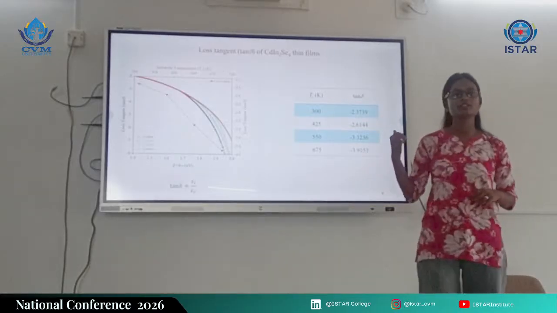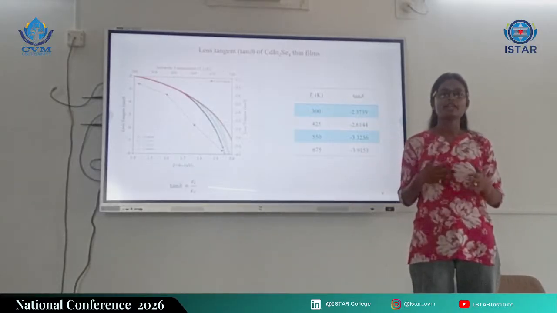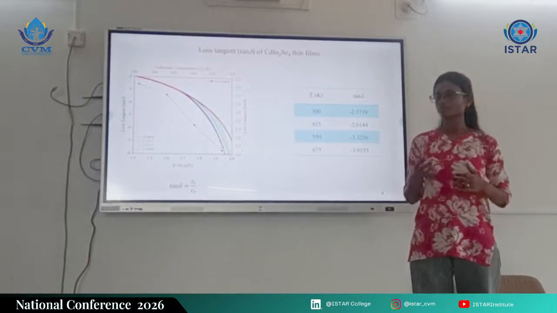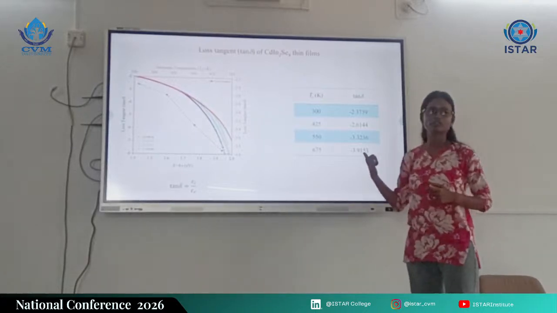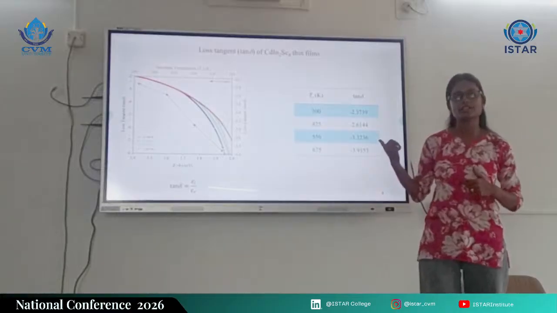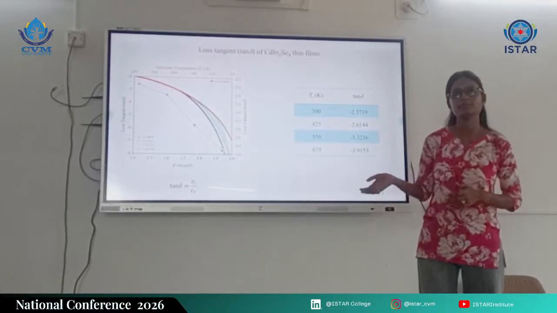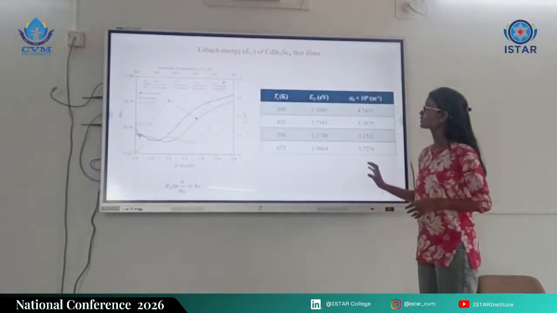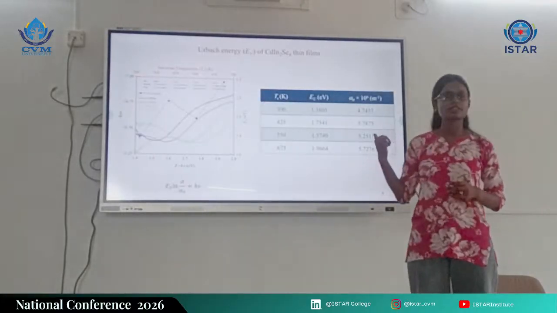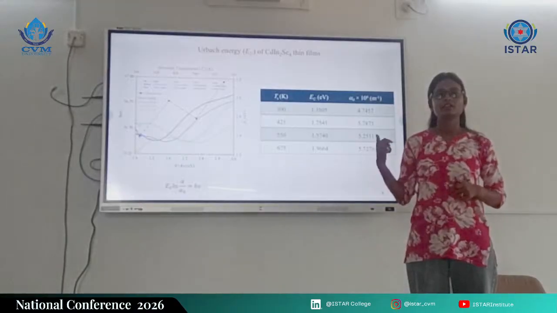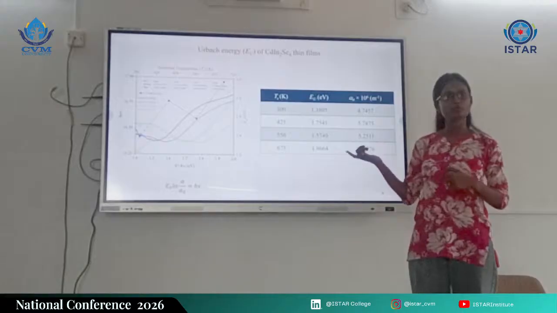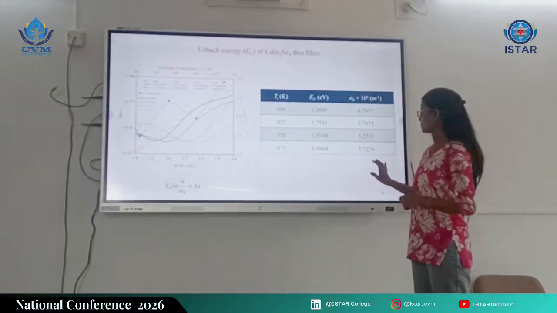Loss tangent gives information on dielectric losses, and a higher value of loss tangent means an increased state of defects or scattering in the material. Urbach energy was calculated to estimate the degree of defects, and a lower value means improved crystallinity.